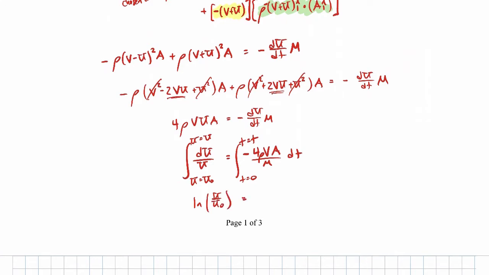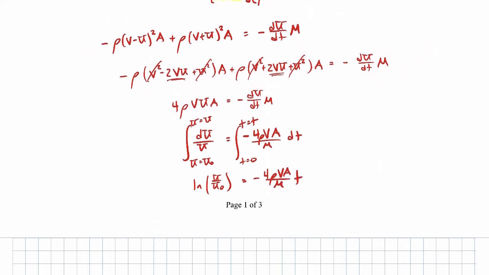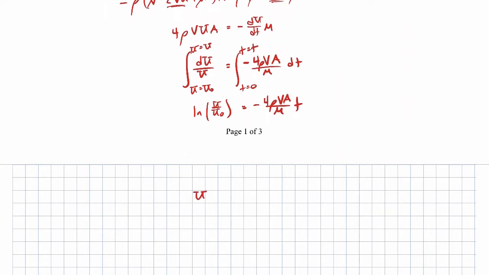On the right-hand side, you can see all these terms, the minus 4 rho v a all over m, are all constants, so they come outside the integral, and we're left with t on that side. So the velocity, we can take the exponential of both sides, and the velocity will be u naught times the exponential of minus 4 rho v a all over m times t.